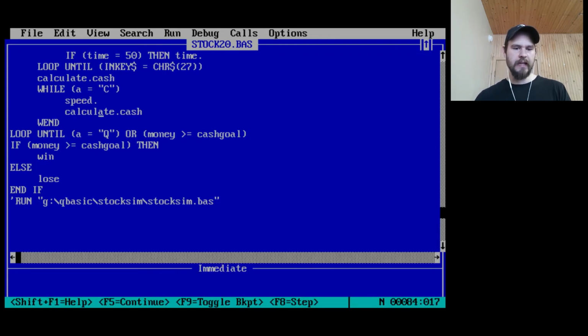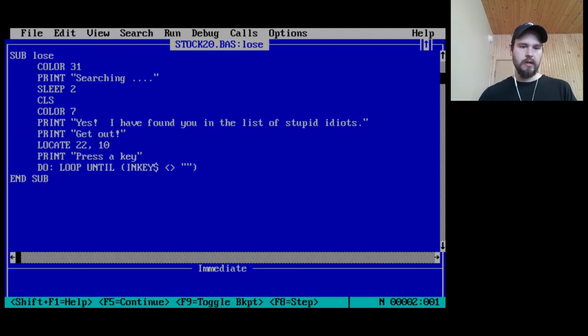Back to speed, and then calculate cash, which displays all your cash again. And then we loop the whole thing until we either quit or we got more money than we set out to get. And if our money is greater than our cash goal, then we win. Otherwise, we lose.